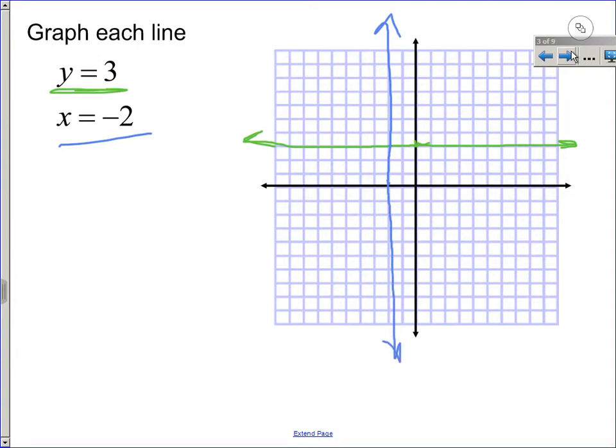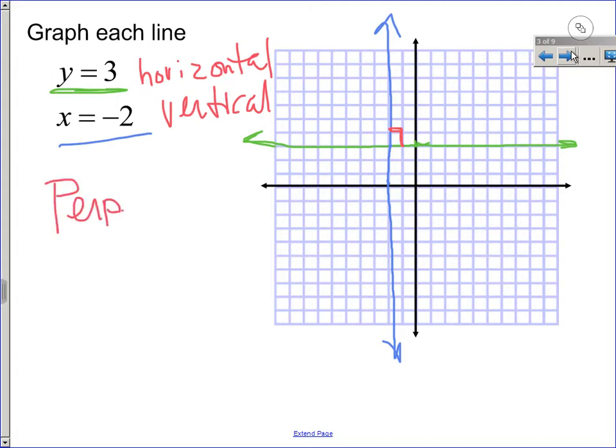So when I have both a horizontal and a vertical, these lines are perpendicular, and they will form a 90-degree angle. Okay, so this is the second way in which we can have perpendicular lines.